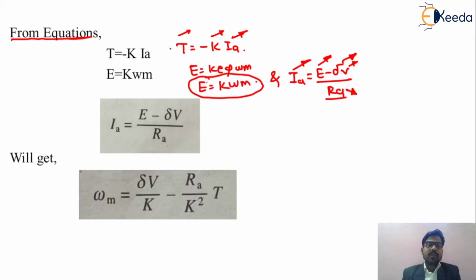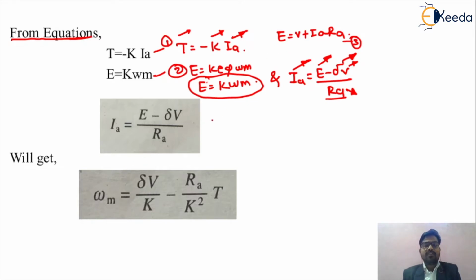So from that equation, number 1, and the basic equation that E is equal to V plus IRA. This will be equation number 1, this will be equation number 2, and this will be equation number 3.